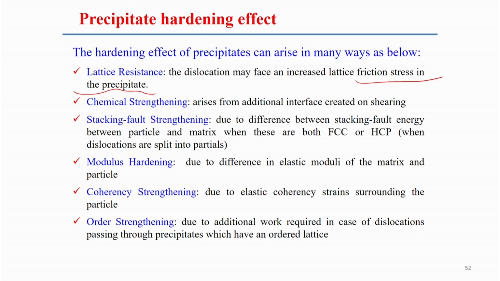Stacking fault strengthening happens due to the difference of stacking fault energy between the particles and the matrix, in FCC and HCP structures when the dislocations split into partials. Another is modulus hardening, coherency strengthening and order strengthening; all are typical mechanisms we observe that impart the hardening effect of precipitates.